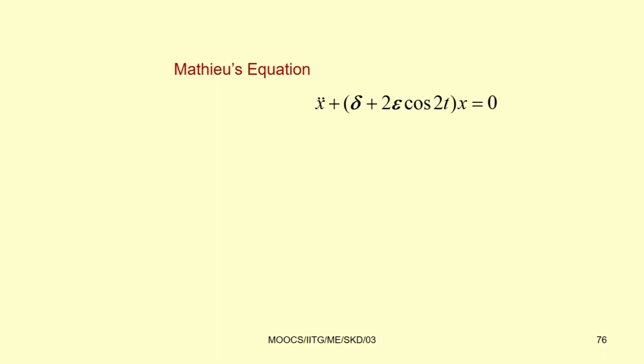In this Hill equation, if you replace P(t), the time varying term, by delta plus 2 epsilon cos 2t, then this type of equation is known as the Mathieu equation. So, both Hill's equation and the Mathieu equation are equations of a parametrically excited system.